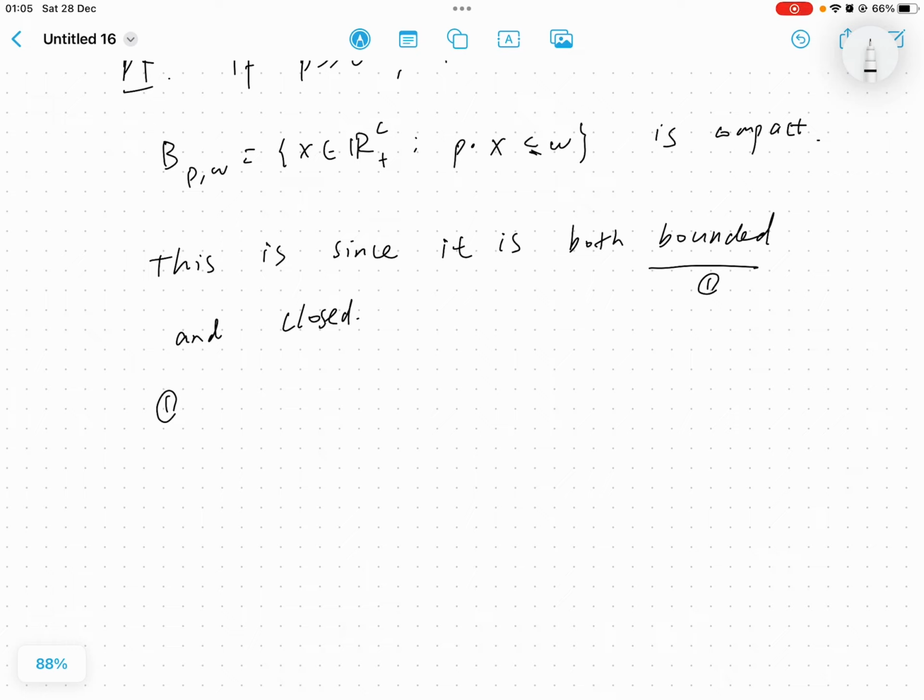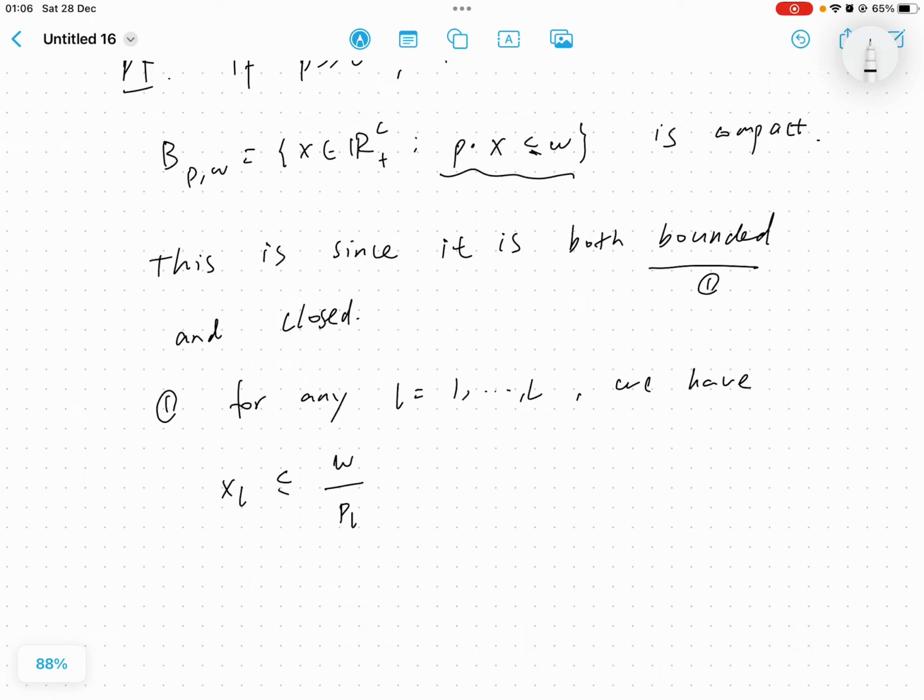Okay, so formally or mathematically, for any dimension L from 1 up to capital L, since each x_L in each dimension has to be less than or equal to W over P_L, because we have this constraint here, right?